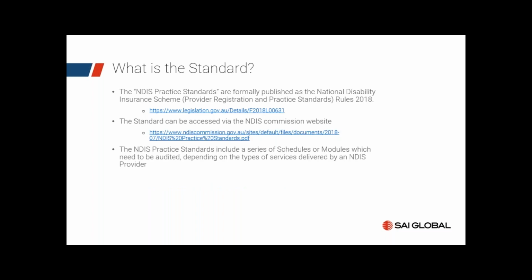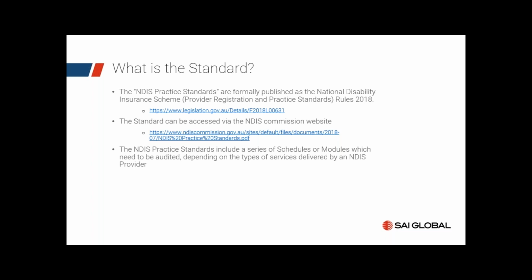Now, the NDIS practice standards are formally published, again, as the National Disability Insurance Scheme Provider Registration and Practice Standard Rules. Those rules include the standards themselves, but also include the requirements for providers so they know whether they need a verification audit or a certification audit, and we'll explain those differences later.